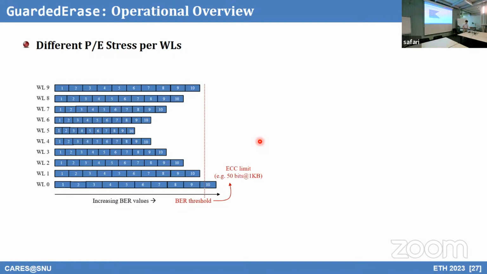For example, ECC can recover 50 bits per 1 kilobyte, and when we write word line 0 after 10 erases, it may produce like 60 or 70 bit errors. So it cannot be recovered. Okay, so here you can see many potentials are wasted. So instead of this way, we introduce a low erase mode.